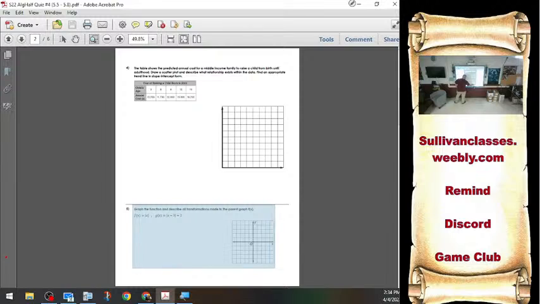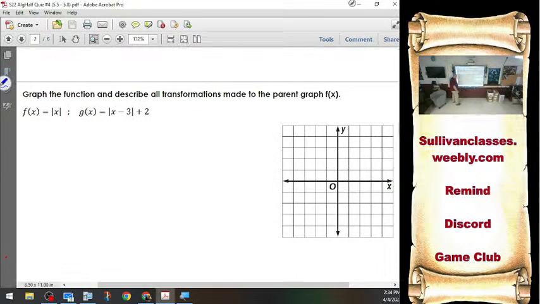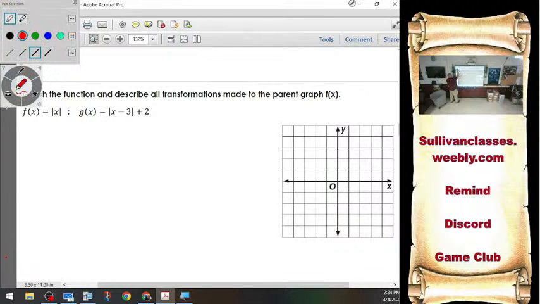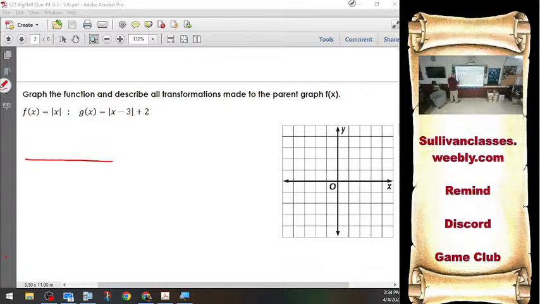And then, the last one is what we just finished up on. Y'all, please put your cheater chart on there. Tell yourself, absolute value of x is my parent function.